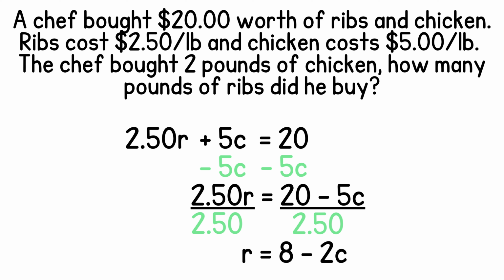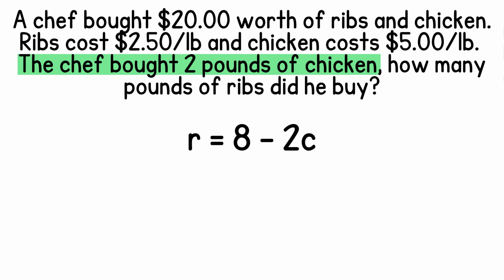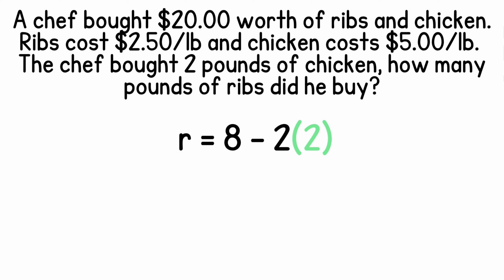So now that we have the equation set for R, we can find the answer. We want to know how many ribs he bought if he bought 2 pounds of chicken. So we'll replace C with 2. This gives us 8 minus 4, which is equal to 4. So now we know that when he bought 2 pounds of chicken, he bought 4 pounds of ribs.